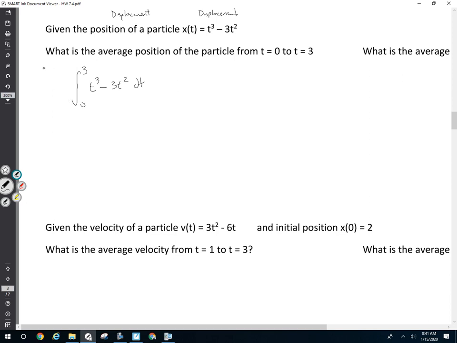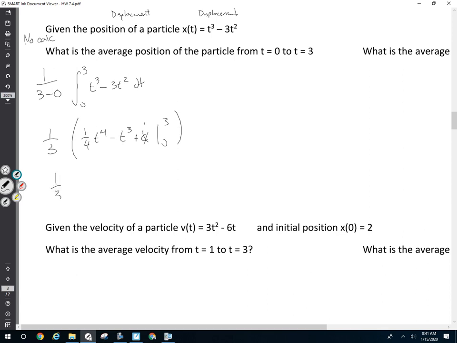Divide it by 3. Instead of dividing by 3, I'm going to multiply by 1 over 3 minus 0. And let's say I don't have a calculator. You would have to take the antiderivative. I get 1/4 t to the 4th minus t cubed. Find the change in that. Plus c, but we don't need it in this situation because we're finding the change.